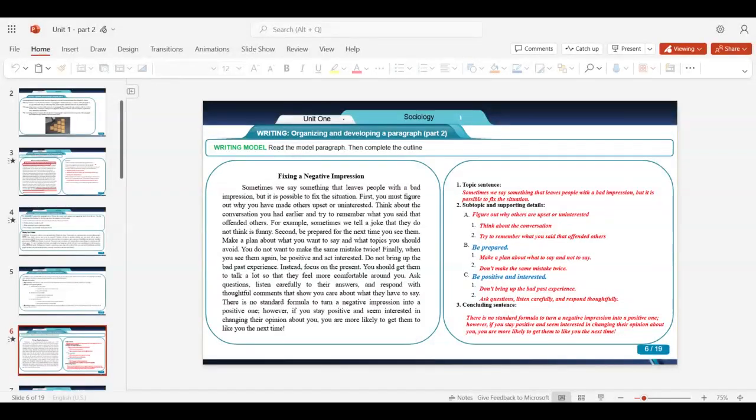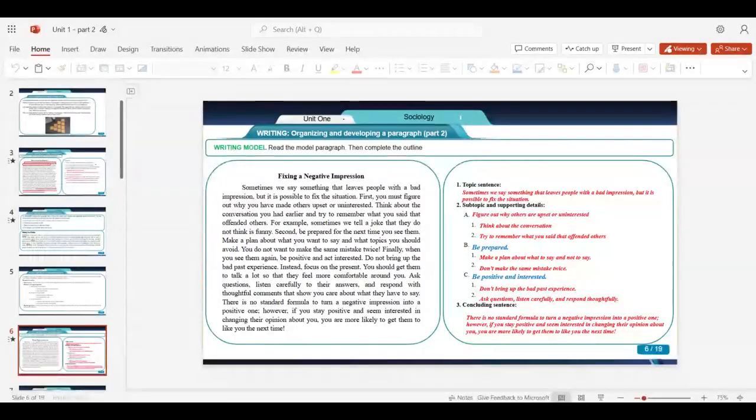When we finish our sentence we always put a period. So here they just give us the ways how to fix the negative impressions. First, you must figure out why you have made the mistake. This is our supporting sentence.